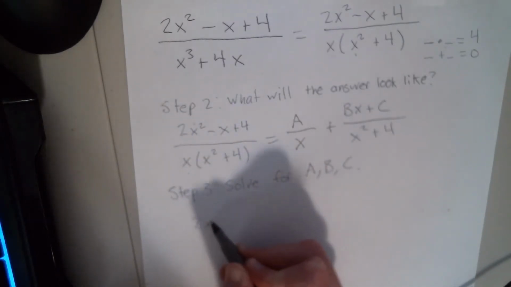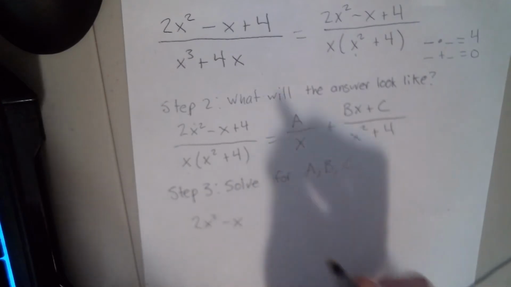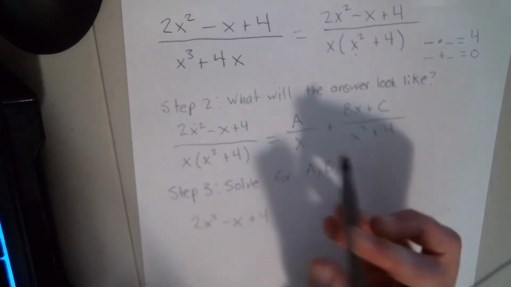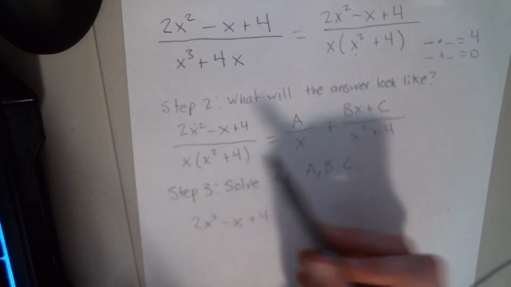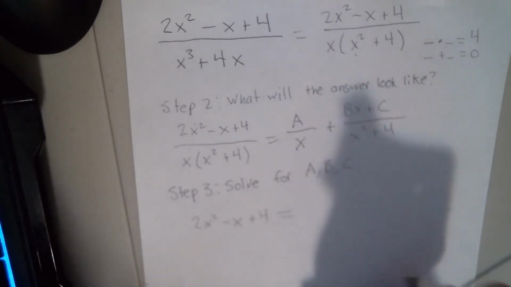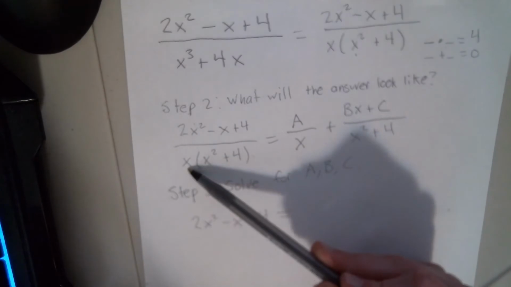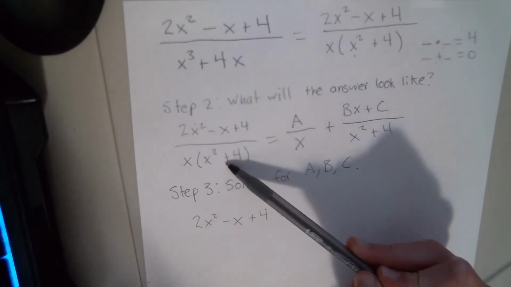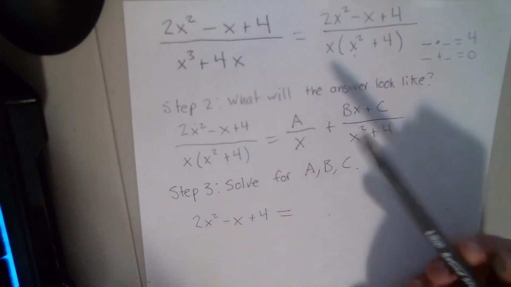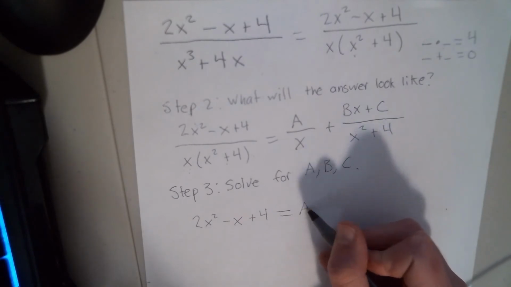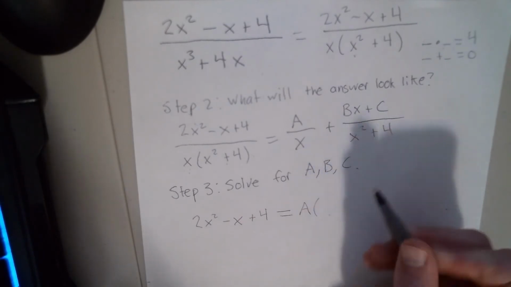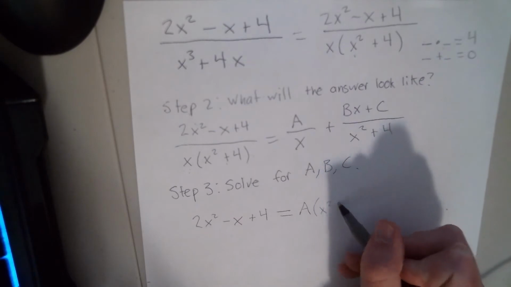I get 2x squared minus x plus 4, because all of this will cancel out when I multiply it. Then I times this by the x and the x squared plus 4. Well, the x's will cancel out, and we get A times x squared plus 4.